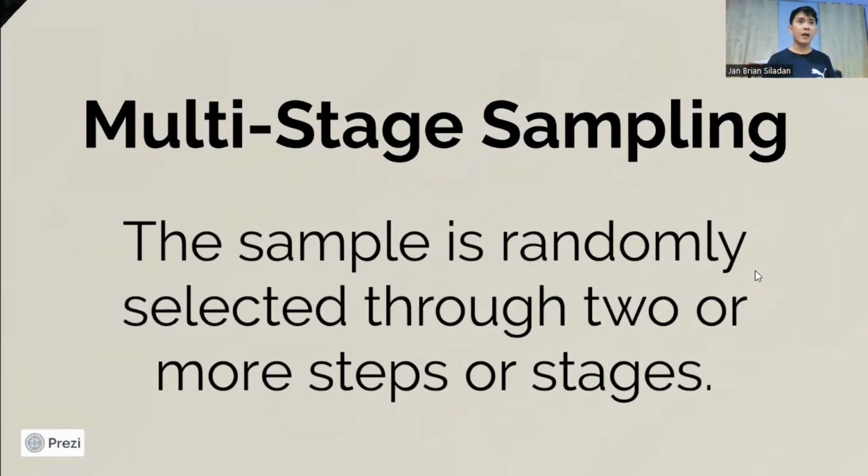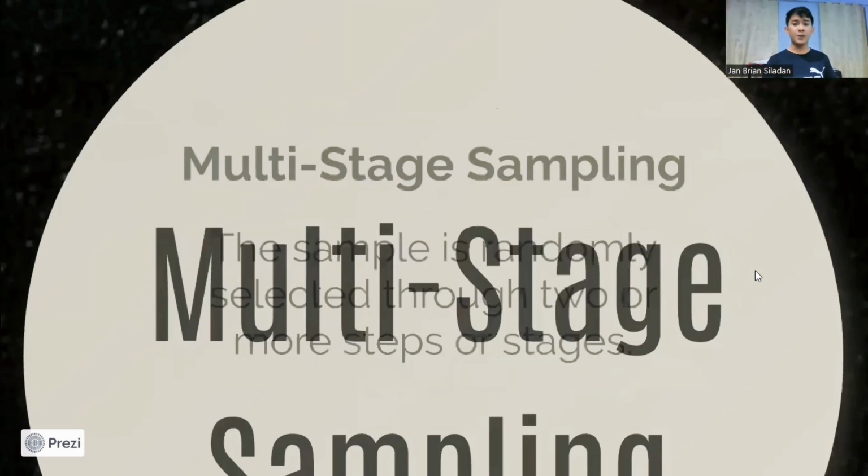So let's say you did a stratified random sampling technique, and then eventually you integrate a simple random approach, such as a lottery method, where the samples from the strata pick a number at random, and then eventually you get the random samples.